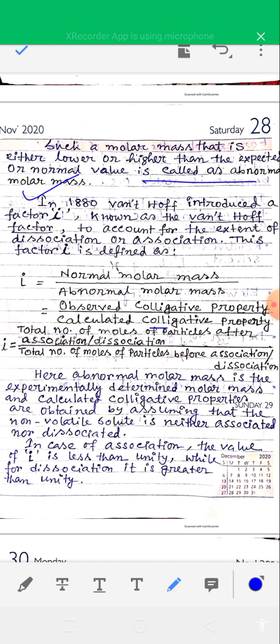The Van 't Hoff factor is defined as i equals normal molar mass divided by abnormal molar mass, or i equals observed colligative properties divided by calculated colligative properties.